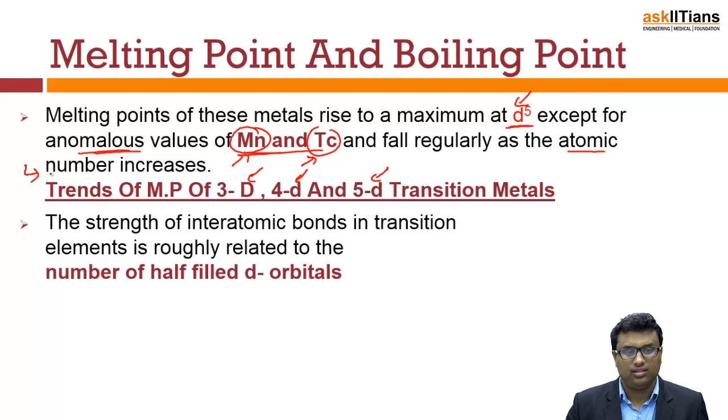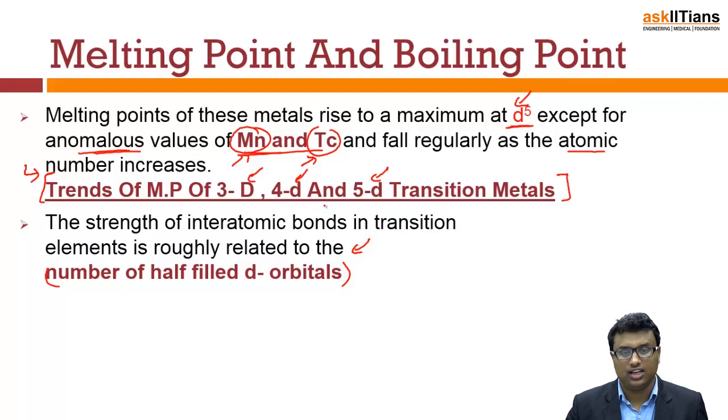From the trends we can conclude that the strength of the interatomic bonds in transition elements is roughly related to the number of half-filled d orbitals. It is not a true logic to say that the half-filled d orbitals are responsible for the melting point. This is very important.